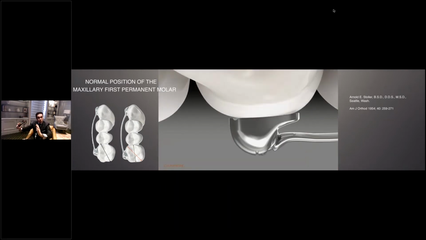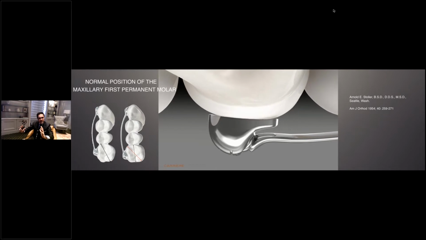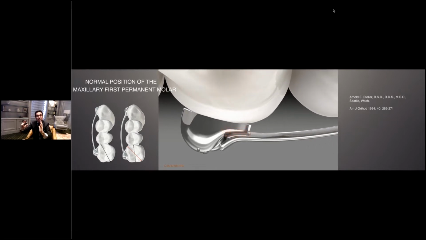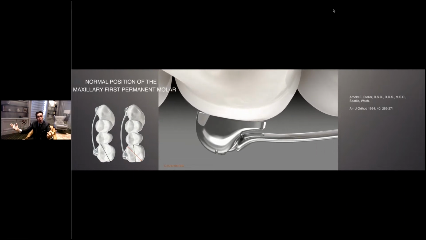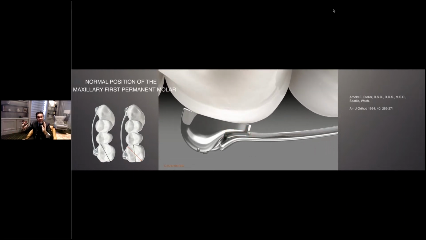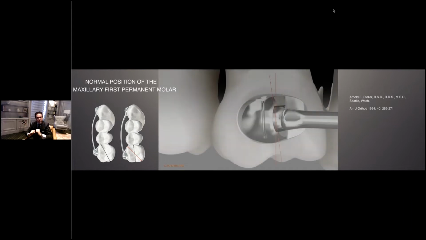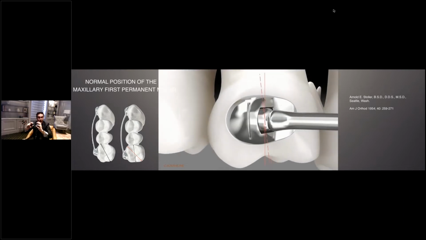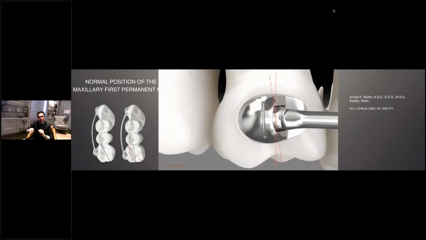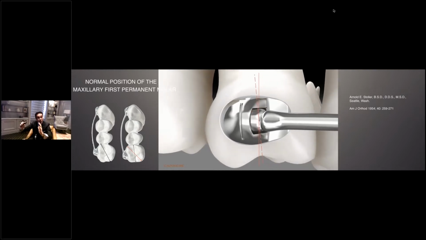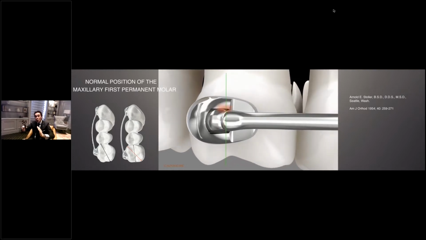Simultaneously, we will be able to upright those molars that are excessively inclined. So we will be able to rotate them and upright them, and the self-engineered collision points in the design of the appliance will help limit any possibility of distal tipping of the molar during the correction. So we want uprighting, but we don't want distal tipping.